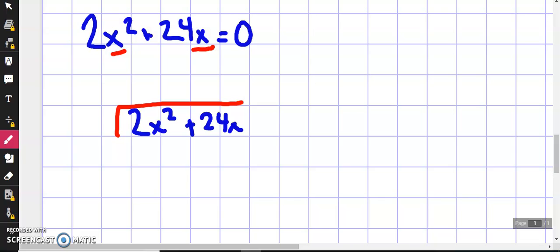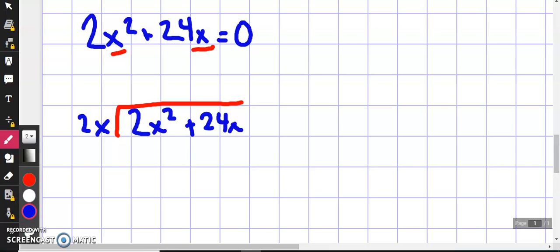So once again, we said there's an x in both terms, so I know I can take that out. Also, 2 and 24 will both divide evenly by 2. So we know we can factor that out.